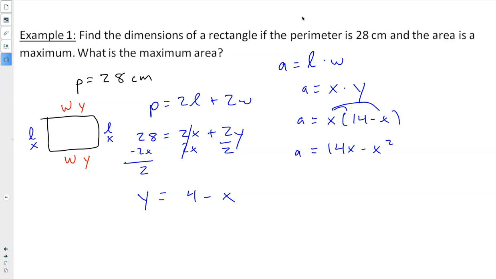Okay, so at this point, let's go ahead and take the first derivative. So A prime is equal to 14 minus, and I'm just going to use a bracket here, minus 2x to the 1, right? So A prime is equal to 14 minus 2x. Okay, again, while we're here, we may as well take the second derivative.